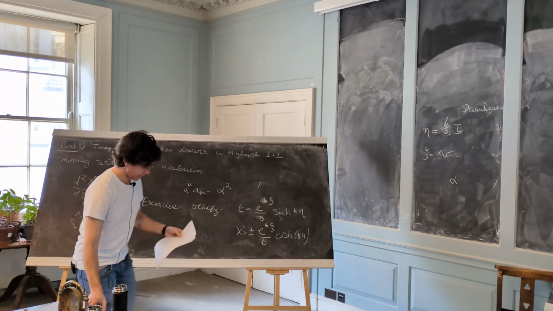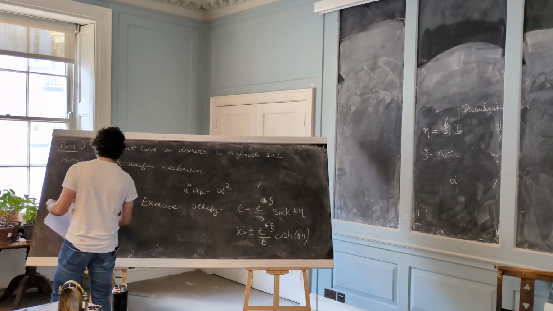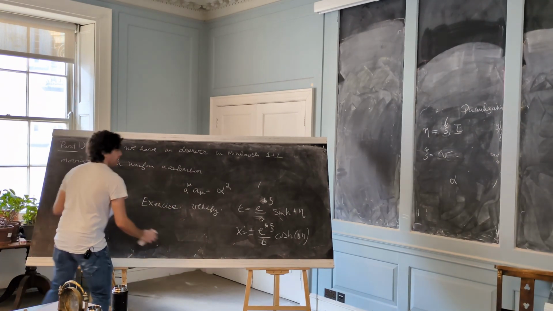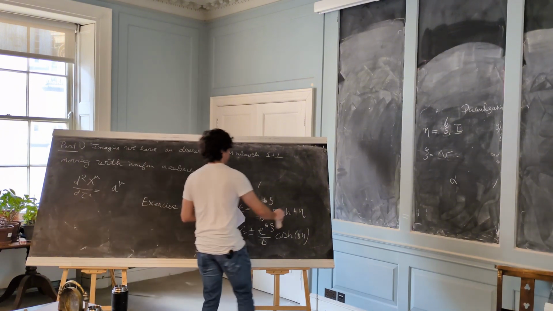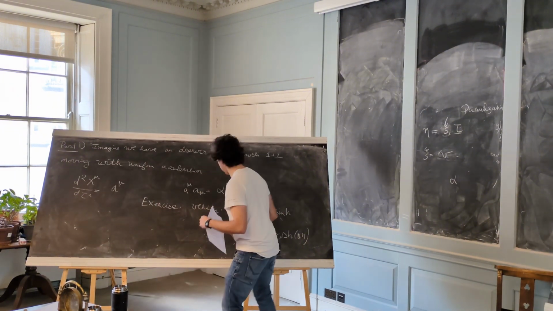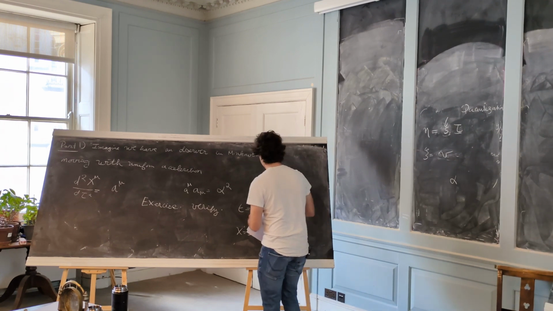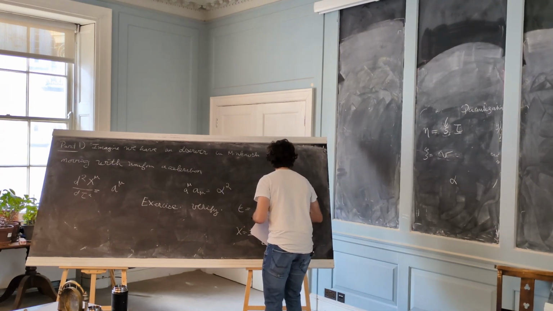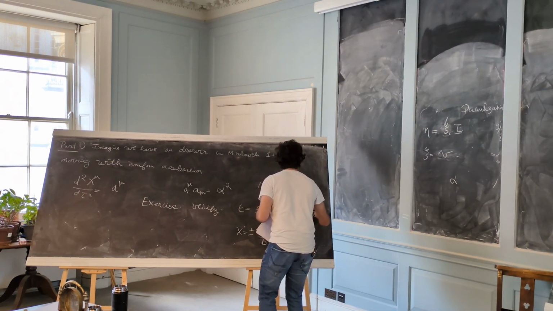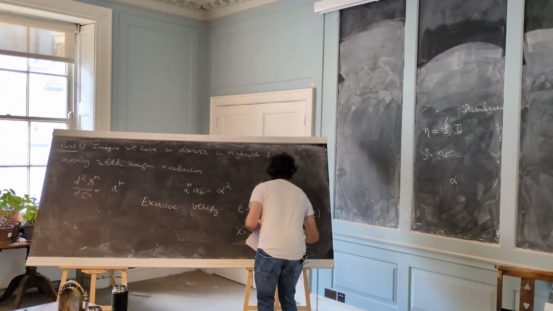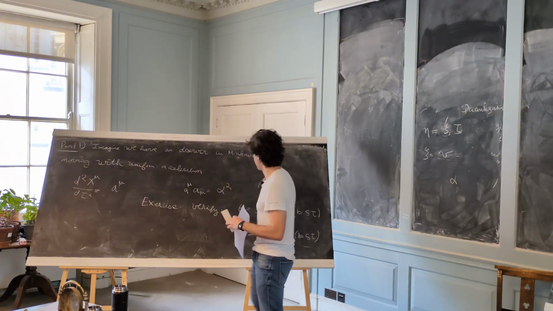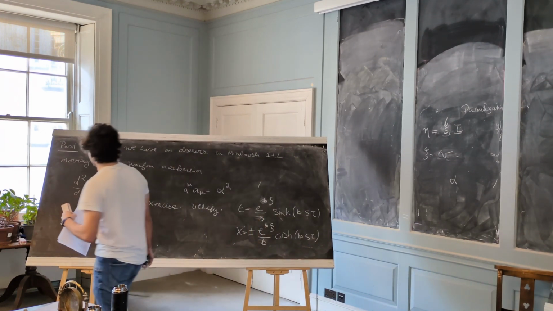All right. What's the second derivative of t with respect to tau?